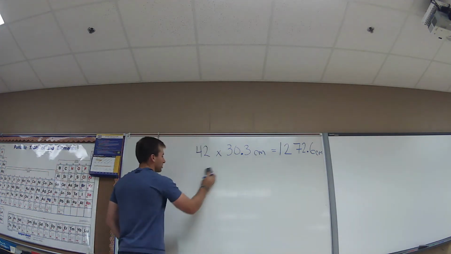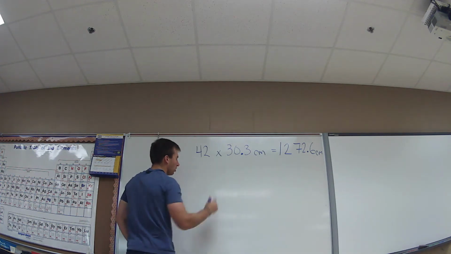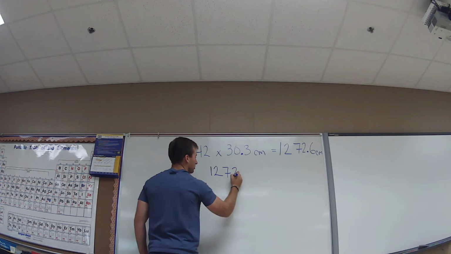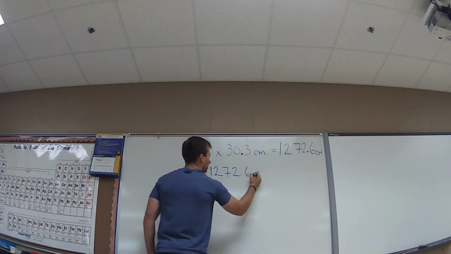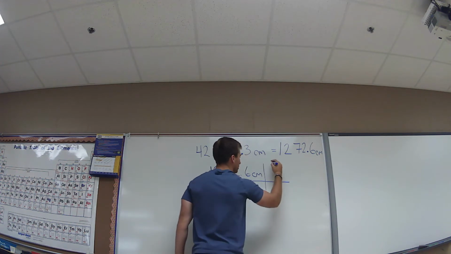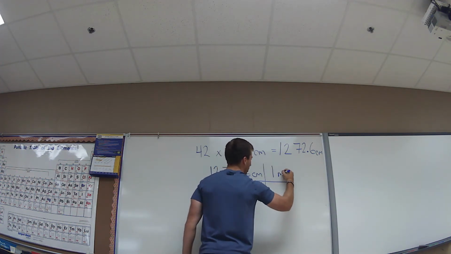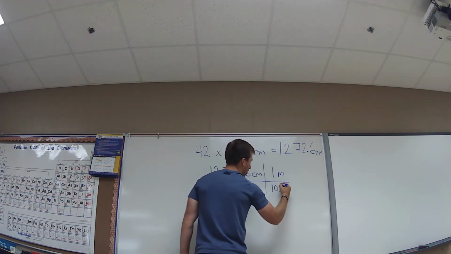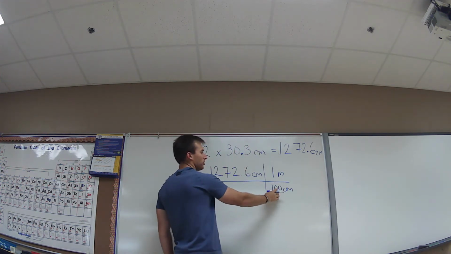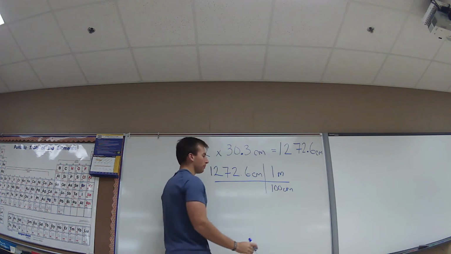To get our answer from centimeters to meters, we take our answer of 1,272.6 centimeters, and we convert that into meters. So we want 1 meter up top and 100 centimeters down below, because there are 100 centimeters in 1 meter.